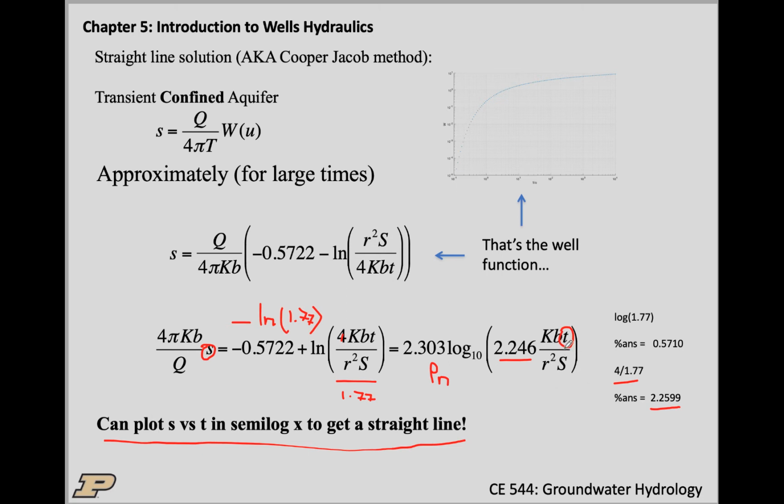Now, if we have a semi-log x, so a log only on the x, not on both, and a linear scale on the y, this is a straight line. Linear on the y, log on the x, straight line. This plots on a straight line, which is why we call it the straight line method.